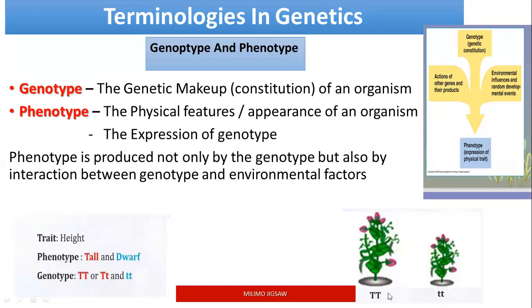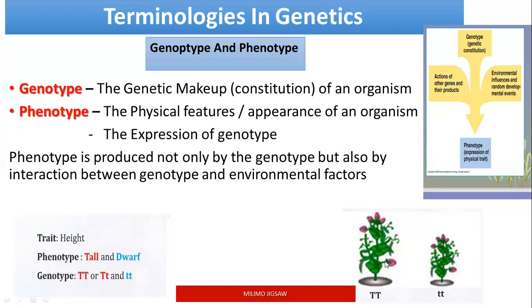So this is going to be the genotype. While the morphological appearance of the organism as being tall or short is what is known as the phenotype.